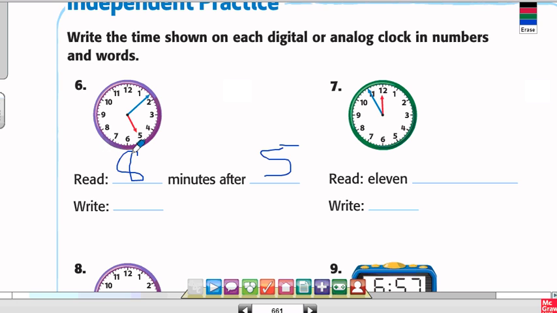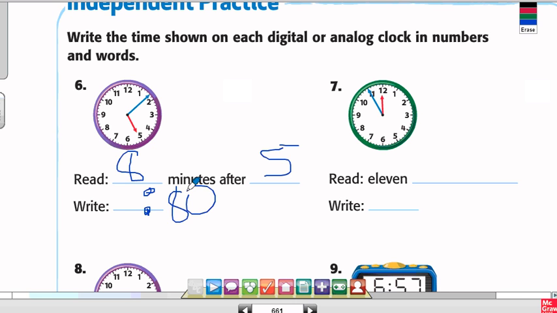Now, how would I write the time? 8:05? Where did I put the minutes at? On the left or on the right? On the right side. So it's just 8 minutes. How do I write 8? If I do this, that's 80.